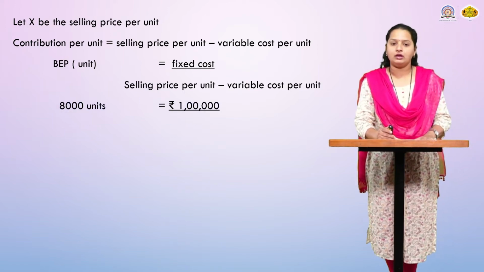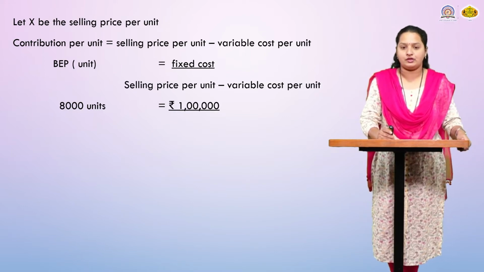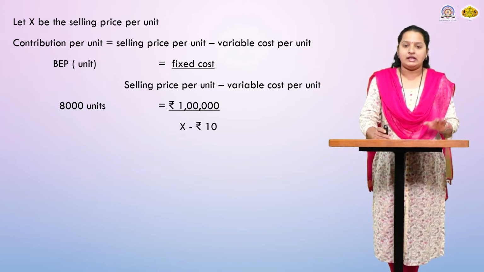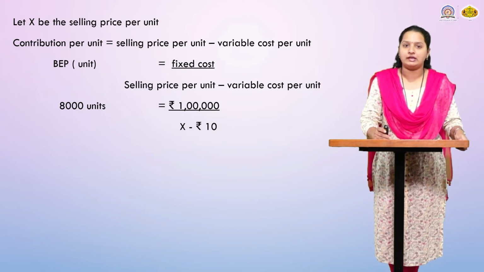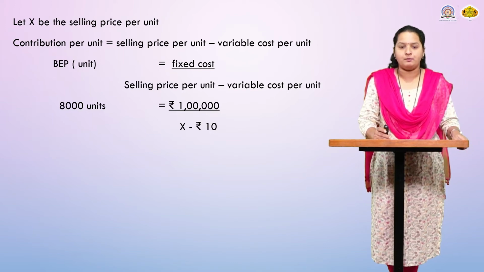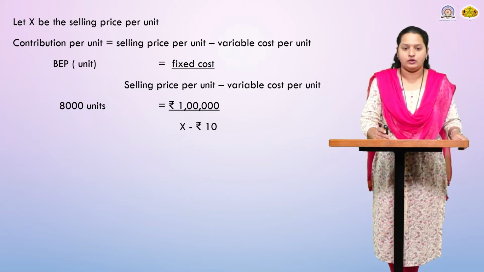We have been given the BEP units of 8,000. We again have the fixed cost of rupees 1 lakh. Selling price per unit, we have assumed to be X. So X minus rupees 10, which is our variable cost per unit.